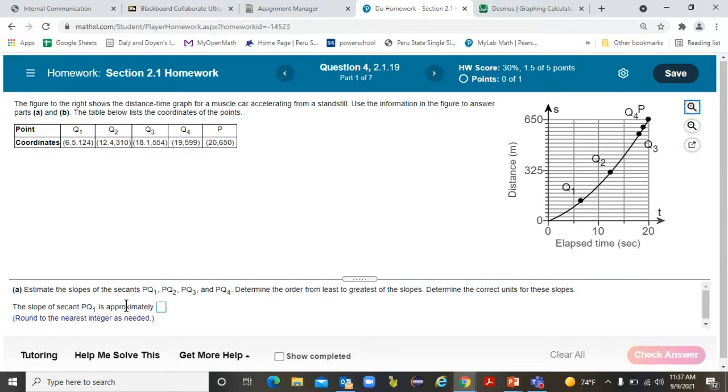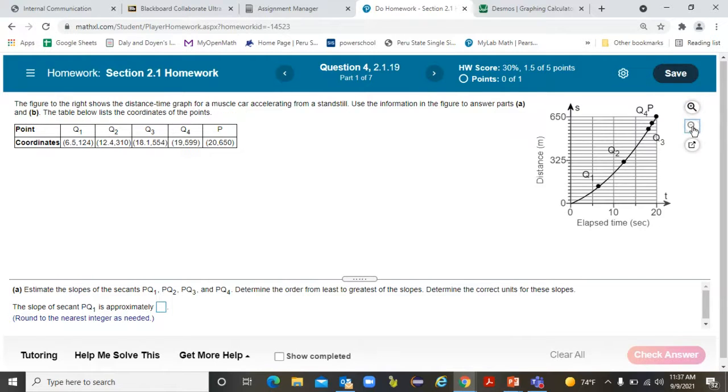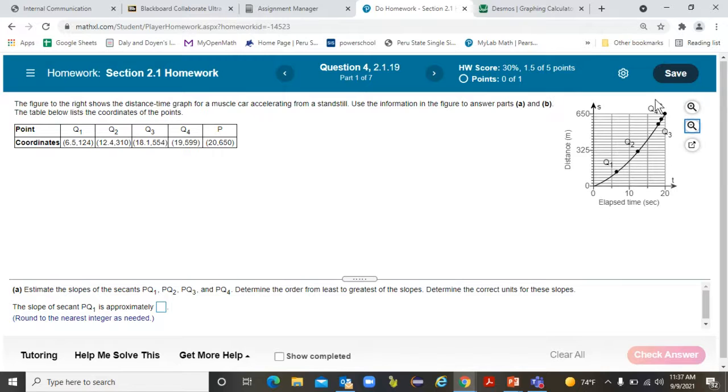So the first question says to estimate the slopes of the secants from P. Where's P? Where does it say what P is? Oh, is P supposed to be Q4?